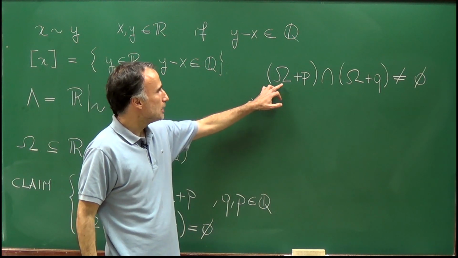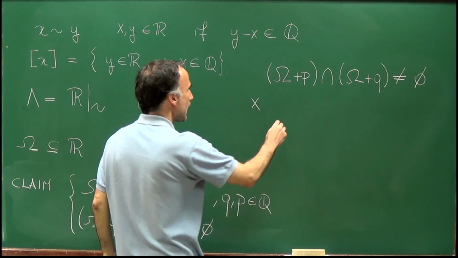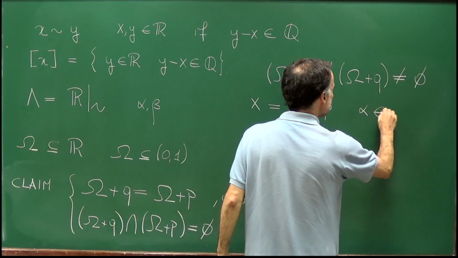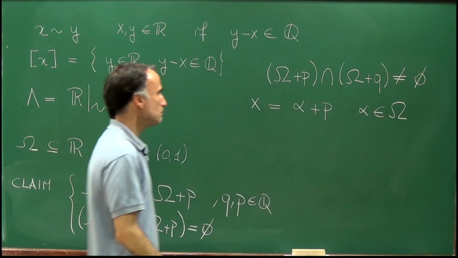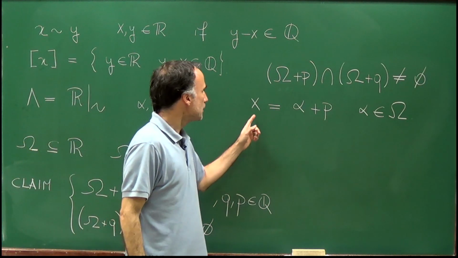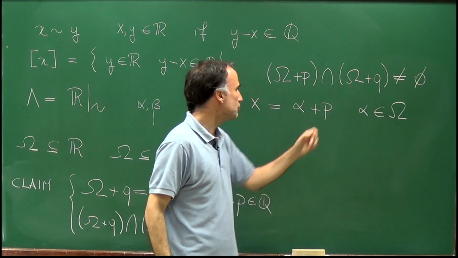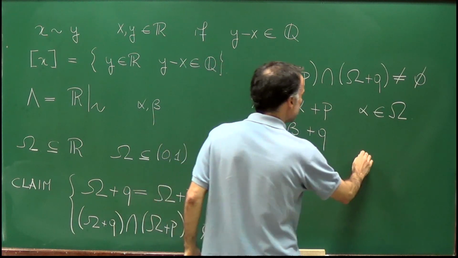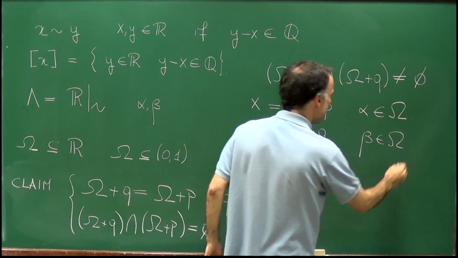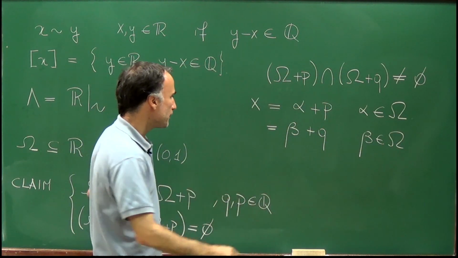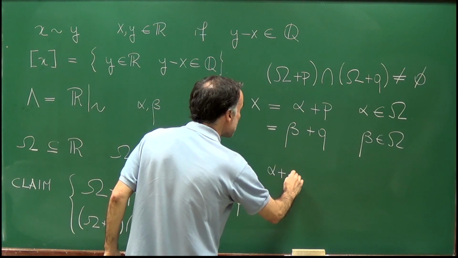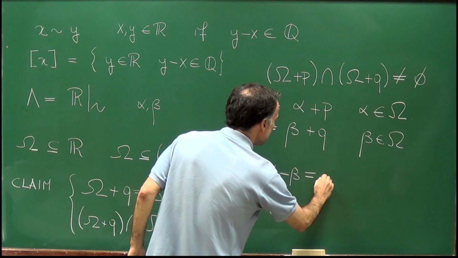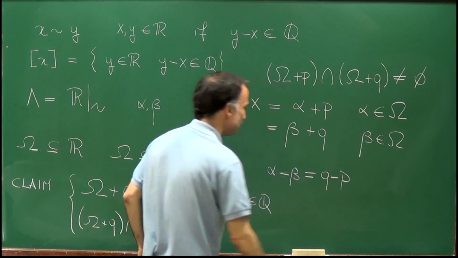Since x belongs to omega plus p, x is equal to some alpha plus p, where alpha belongs to omega. On the other hand, if x belongs to omega plus q, x is equal to beta plus q, where beta belongs to omega. Therefore, I have that alpha minus beta is equal to q minus p.